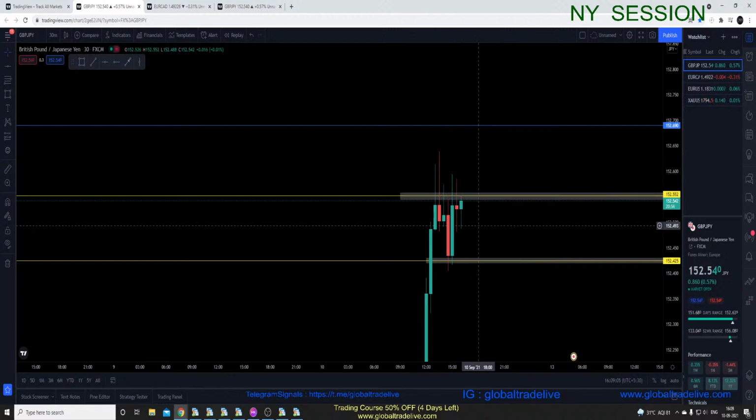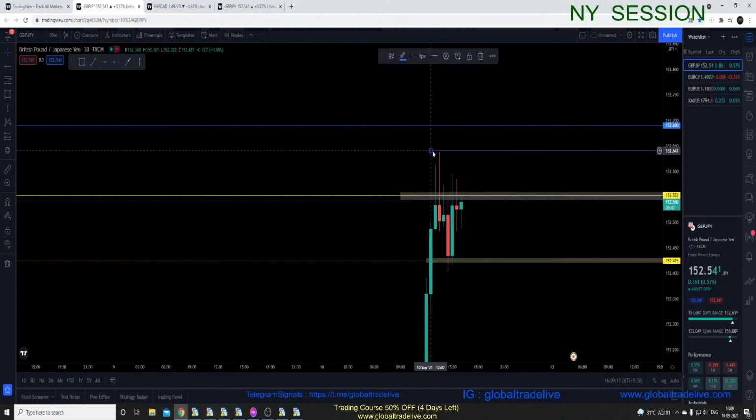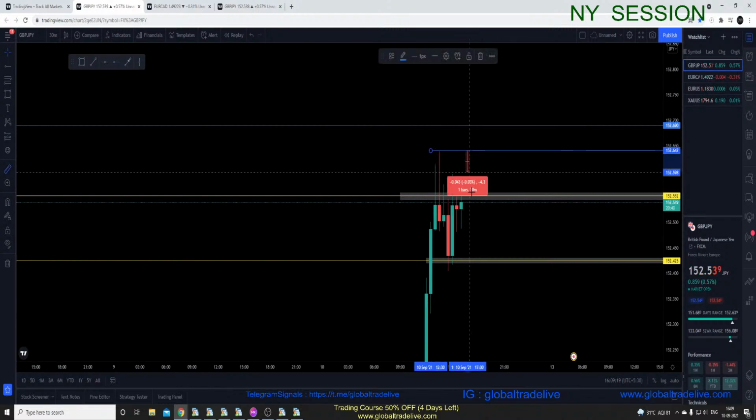So I think we should be waiting for a candle to break and close above 152.550, and then in the next candle we should be taking the trade. So that's what I think, and this will be the impulse entry point.